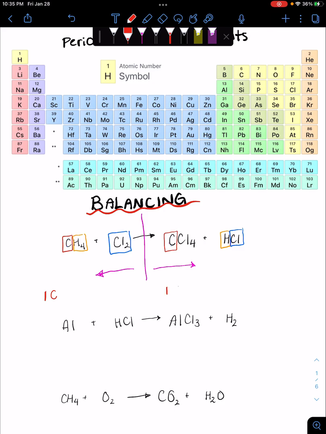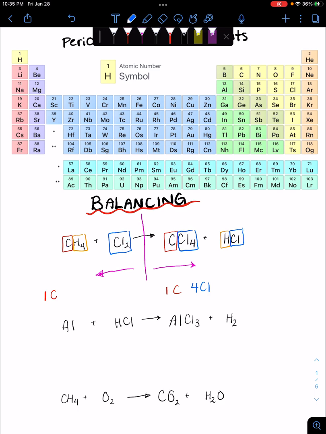We have one C on that side. What do we have for Cl? Well, this little subscript means that there's 4 of just the Cl's. So we have 4 Cl's on this side, but we have only 2 on this side.